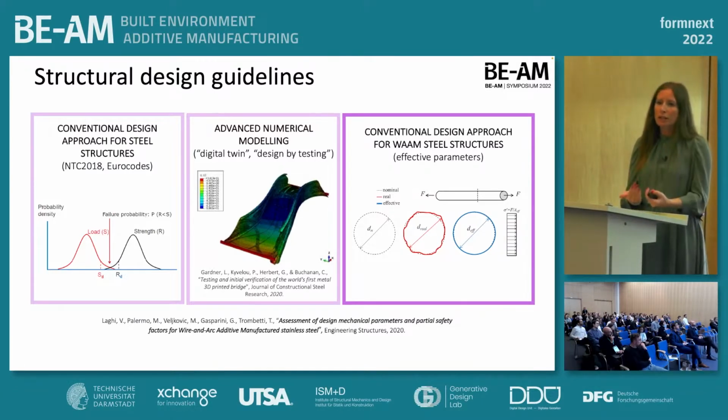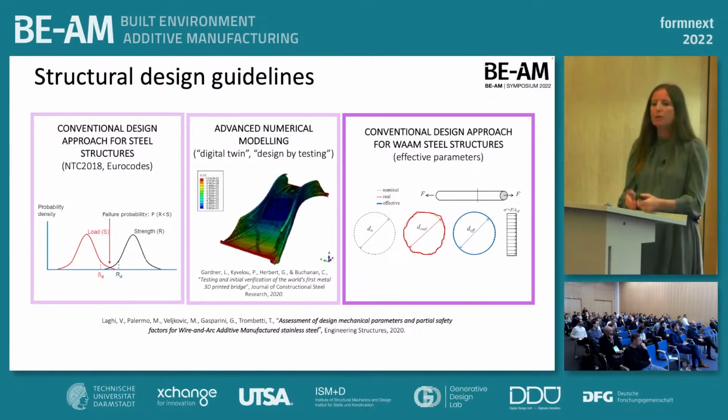Conventionally speaking, Eurocode's current standard building codes make use of conventional approaches, so partial safety factors and design values that are calibrated accounting for isotropic behavior, linear elastic material, and ideally a deterministic geometry, meaning that your geometry is ideal. This is not true for WAM.